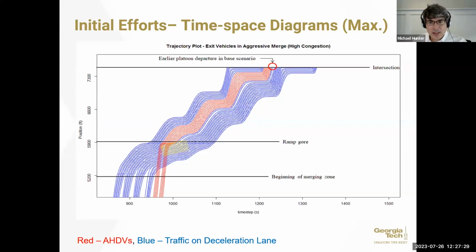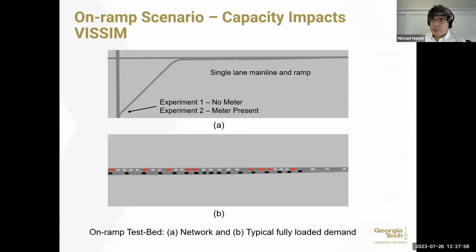Overall, on the off-ramp, when you look at averages, things don't seem to change all that much, but what really changes is who's receiving the benefit and who's not. Travel times become very bimodal, with the aggressive vehicles really reducing their travel times, and the penalty being paid by the AVs and the regular human-driven vehicles, because they're caught in the same traffic stream. If they're caught behind an AV that is being cut off, they're going to pay the same penalty.